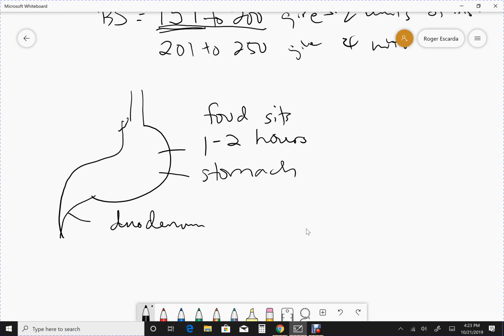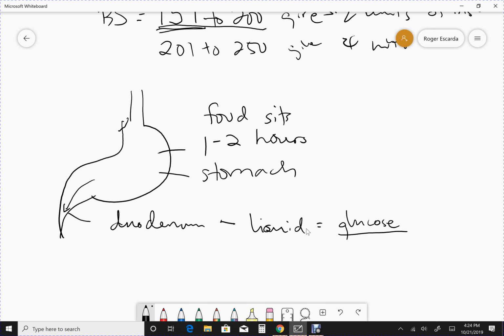When the food enters the duodenum, it is now liquid and absorbable. The carbohydrates, fats, and proteins that you ate are now converted into glucose, ready for absorption. So this is the normal physiology. Food sits about 1 to 2 hours in the stomach.